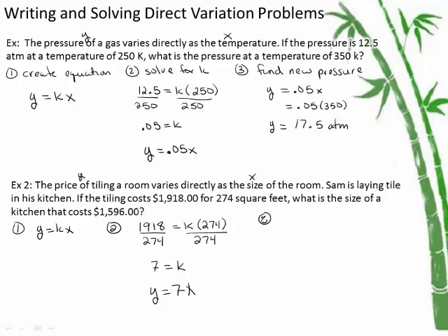Finally, I know that Y is equal to 7x. So I want to find out what is x when Y is 1596. So I'm going to divide both sides by 7. And I will get that that kitchen is 228 square feet.